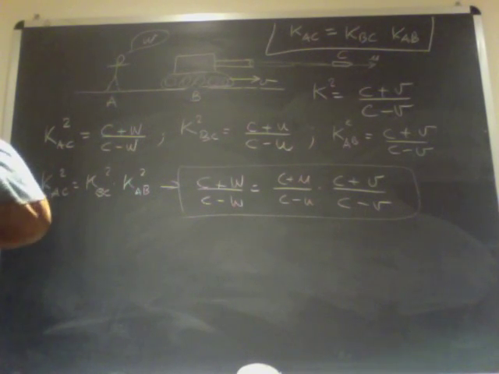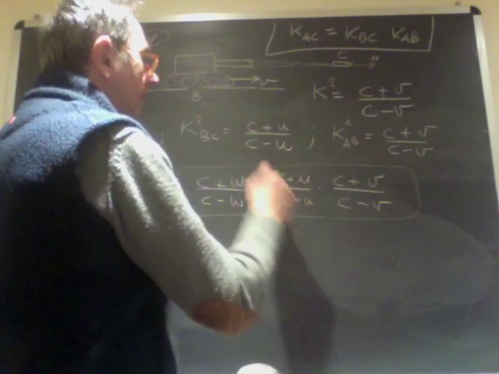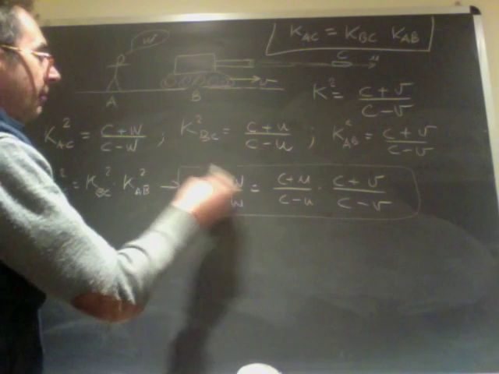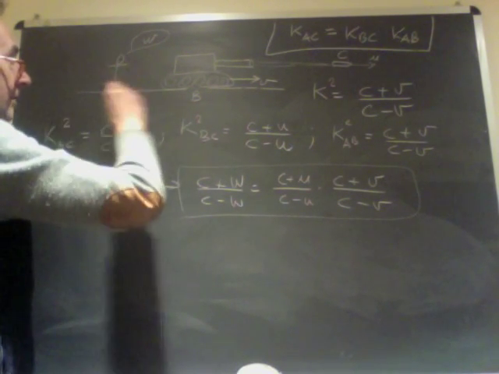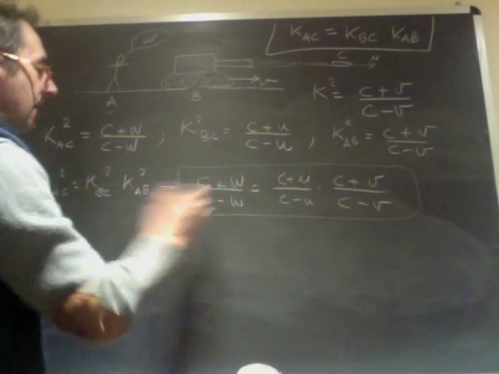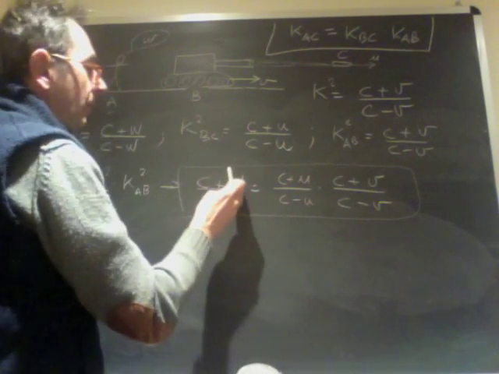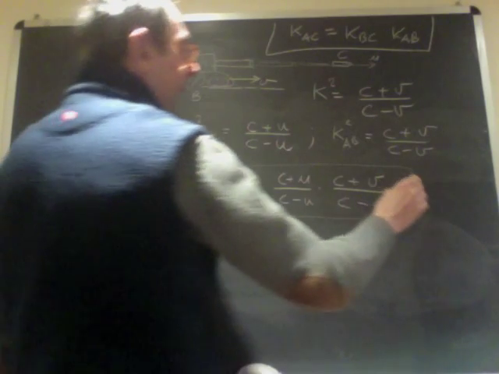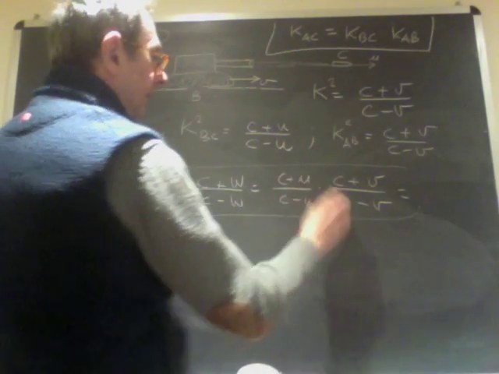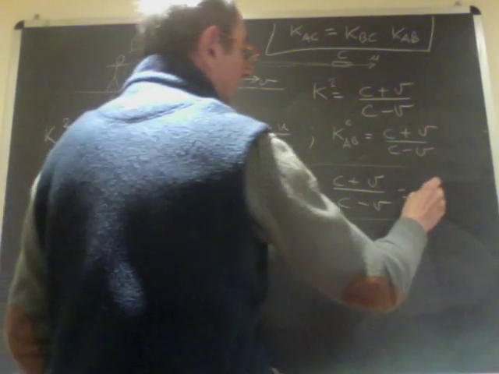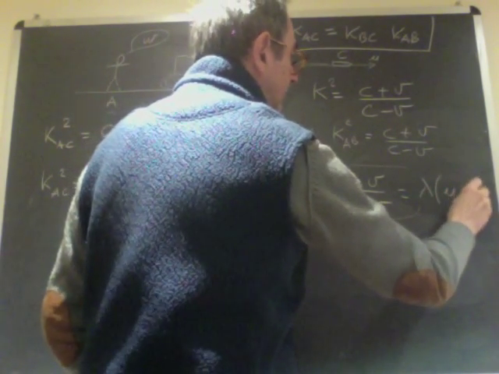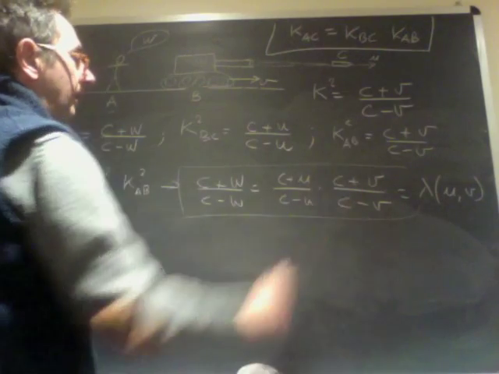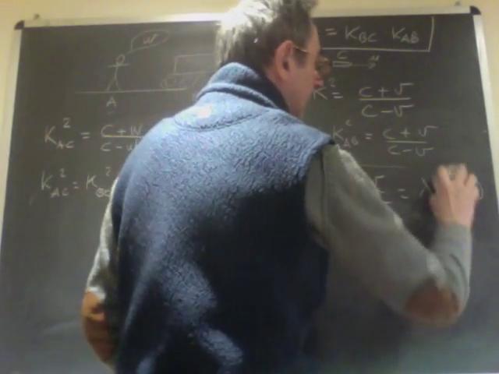Well, as you see, we want to calculate W, that is the speed of the bullet as seen by the man A. So it will be a function of the other two velocities, U and V. So we can call this right member lambda of U and V, as a function of the two variables U and V. Let's call it lambda for simplicity.